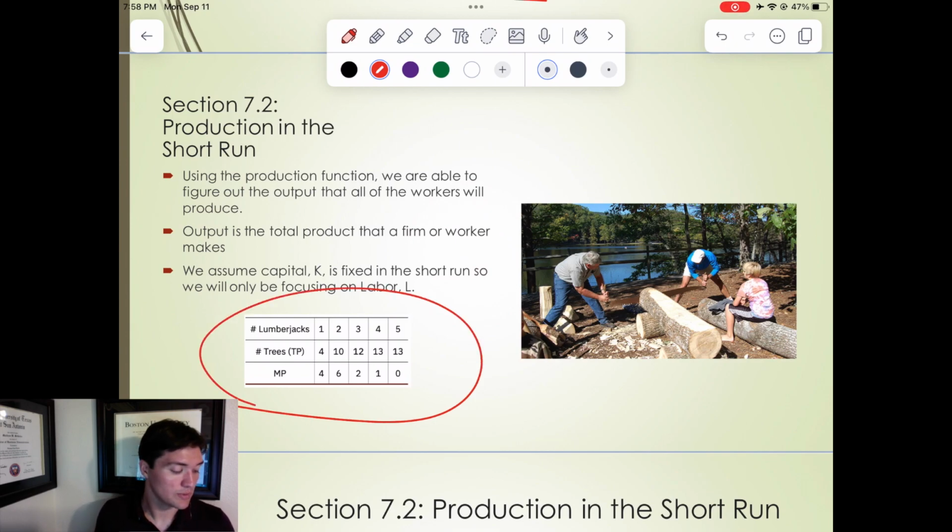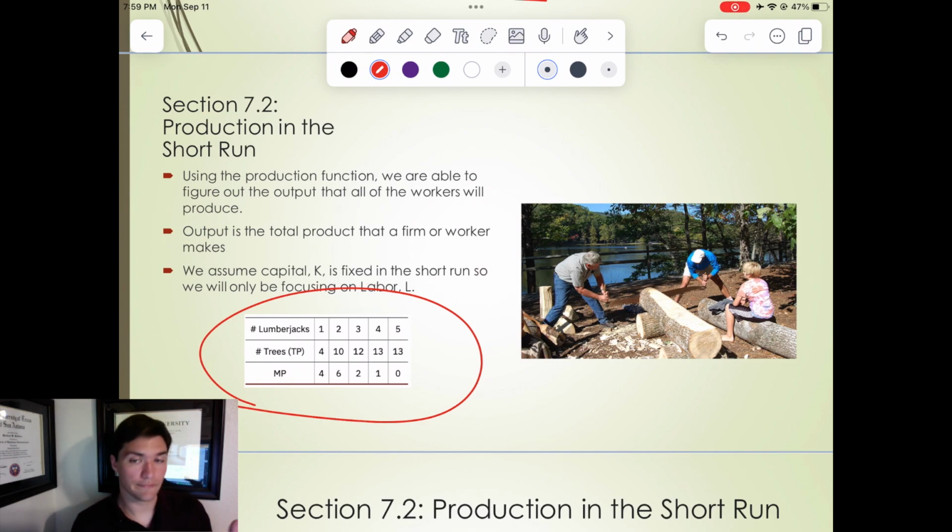So what we are noticing here is that when you hire one employee, one lumberjack, you're chopping down 4 trees. When you have 2, you're now jumping up to 10. When you hire 3, you're at 12, 4 is 13, and then 5 is 13 as well.